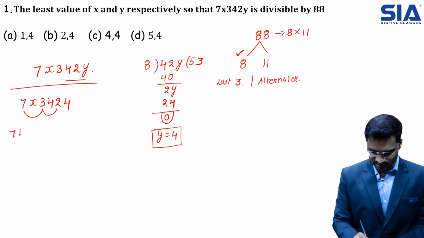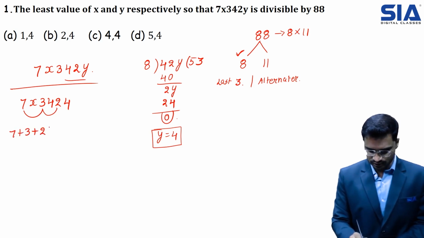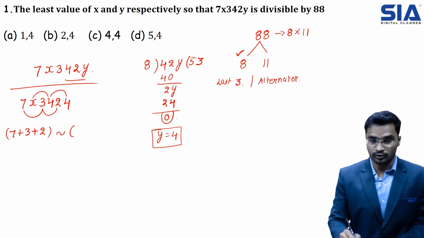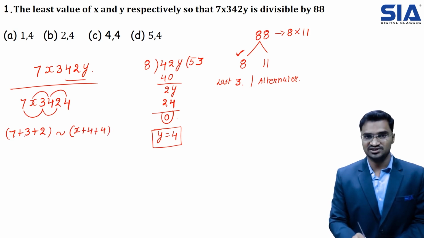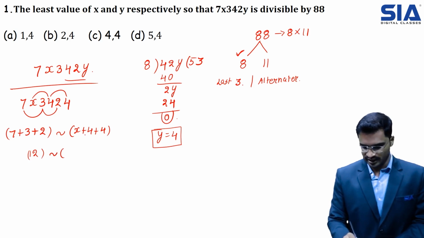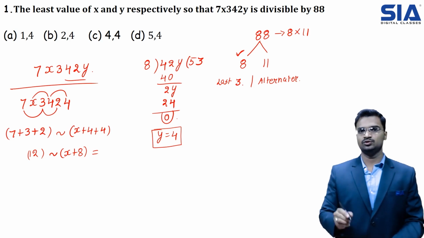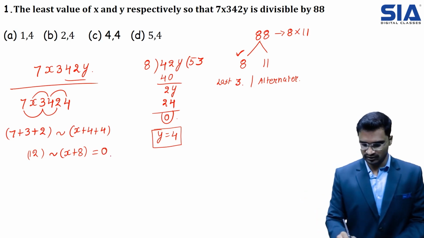So 7 plus 3 plus 2, difference of x plus 4 plus 4. 7 plus 3 is 10, 10 plus 2 is 12. 12 minus x plus 8. This value should be equal to 0 or 11.